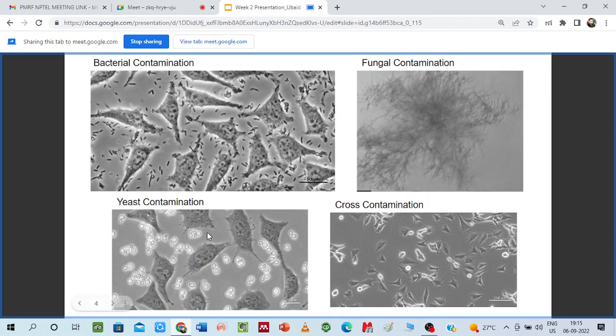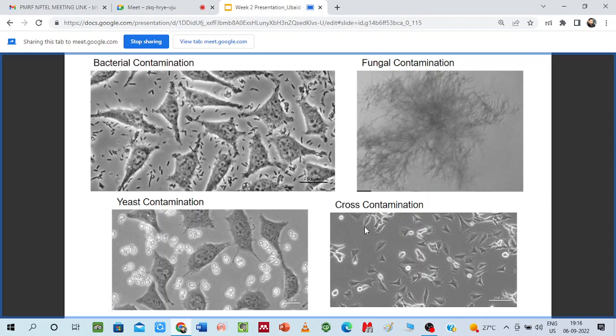But the difference is that yeast divides by budding. So you can see bud-like structures here. If there are these bud-like structures, then definitely there is yeast contamination in your cell culture.